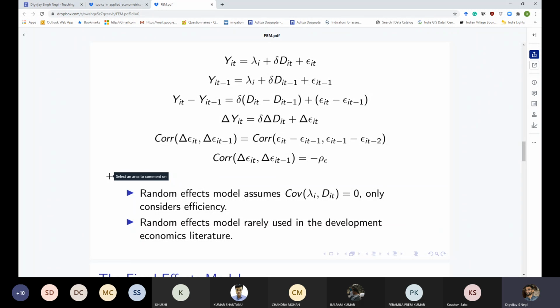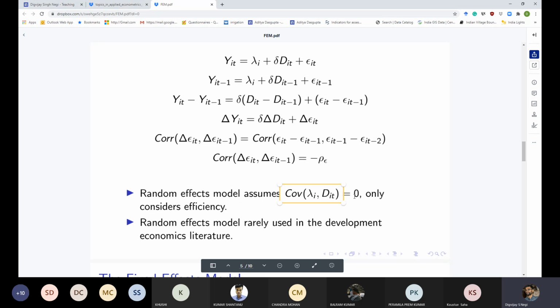There are very strong assumptions under which you can model lambda i's as random effects. Remember, lambda i was the omitted variable in our case, and the assumption is that the covariance between the omitted variable and the treatment should be 0.